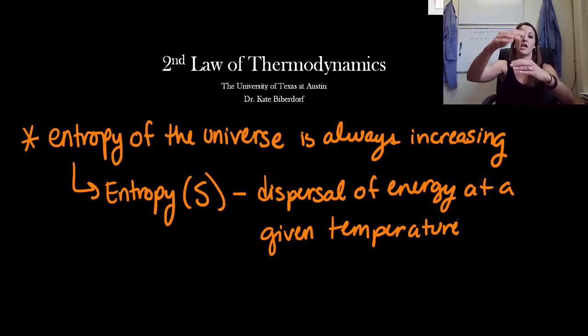When you go from kinetic to mechanical, you lose some energy as heat. Mechanical to electrical, you lose some energy as heat, which is why our power plants are only 30 to 50% efficient. It has to do with the second law of thermodynamics. Now, I know that seems a little complicated and it's really hard to wrap your mind around entropy, but just keep picturing it. It's the dispersal of energy. These molecules are trying to spread out. They don't want to be glopped together in the corner.